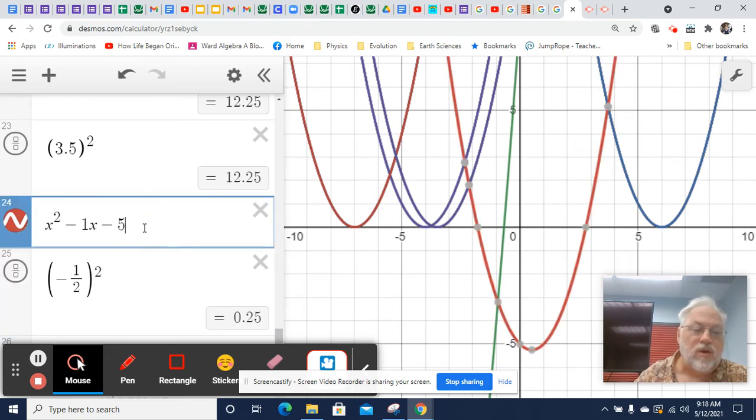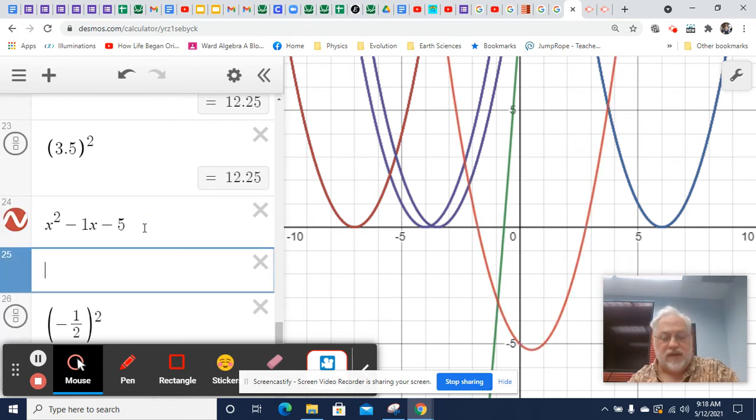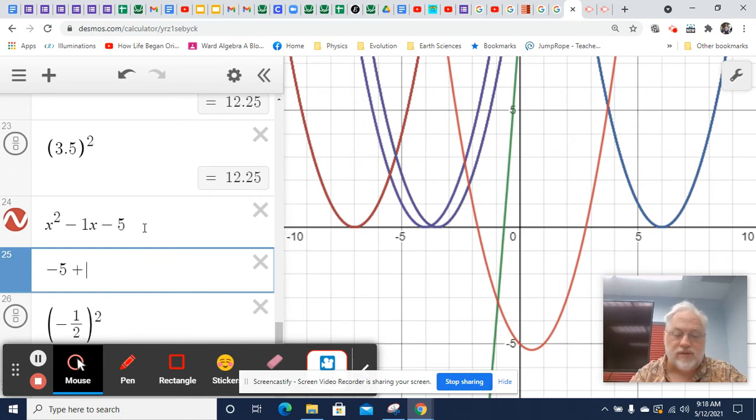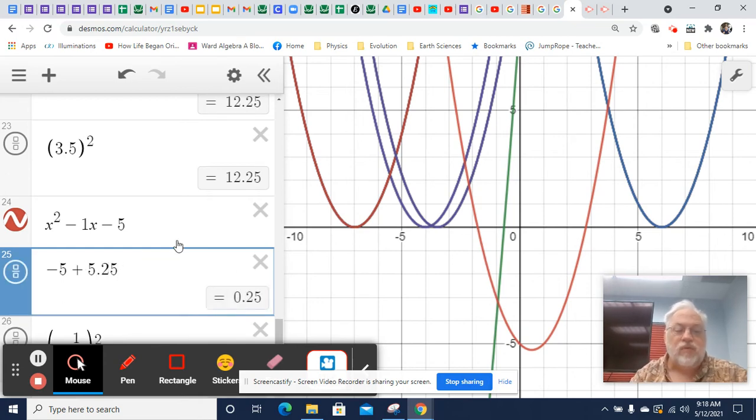So we need to figure out what we would add to -5 to get 0.25. Well, to figure that out, we say 0.25 minus -5, and we would be adding 5.25. So I'm going to add that to confirm that, so you can see that, 5.25. We get our target number of 0.25.